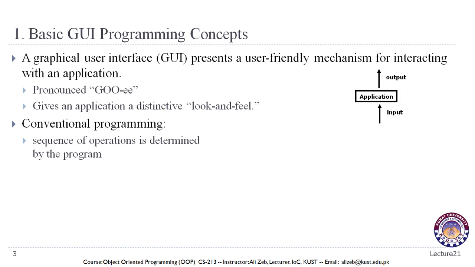In conventional programming, the sequence of operations is determined by the program. So we write the program and we can only get the output in the sequence, let's say in console-based programming, that we have already provided. For example, we can only print in a certain order, the order that we have used in our program in advance.